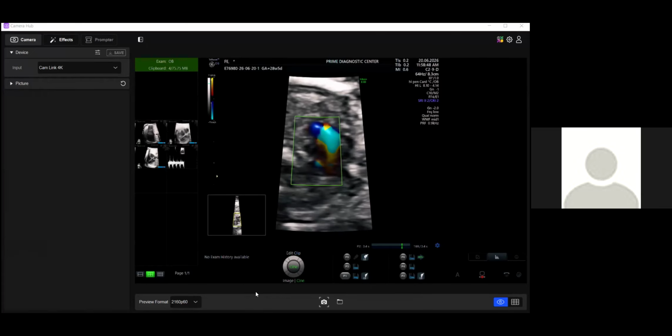Okay, so I think we have the screen share already. Okay, done. So we are all set with the mic. You can reduce the volume.